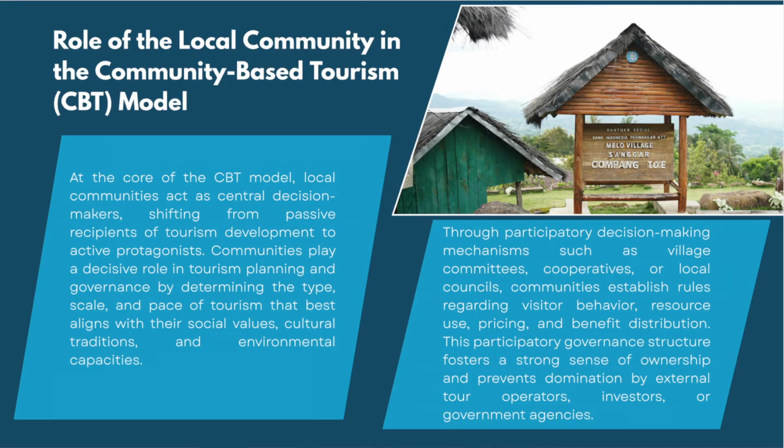Through participatory decision-making mechanisms such as village committees, cooperatives, or local councils, communities establish rules regarding visitors' behavior, resource use, pricing, and benefit distribution. This participatory governance structure fosters a strong sense of ownership and prevents domination by external tour operators, investors, or government agencies.